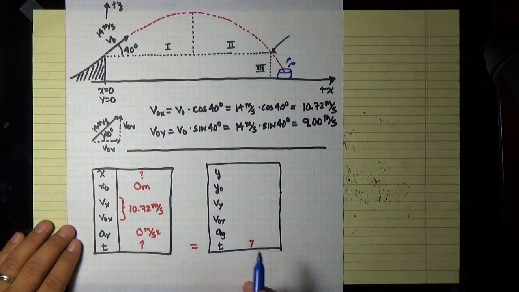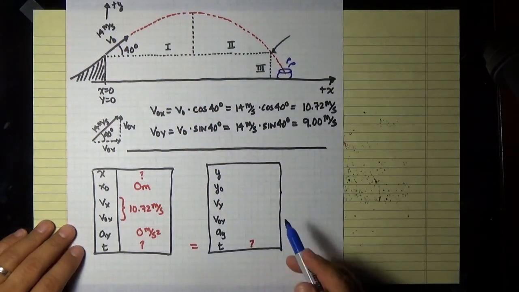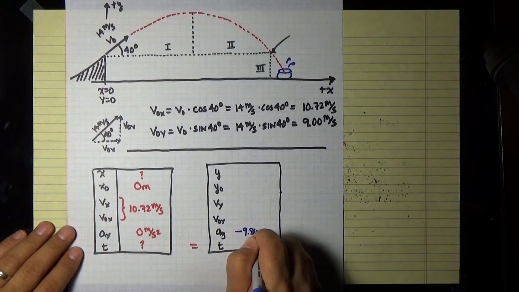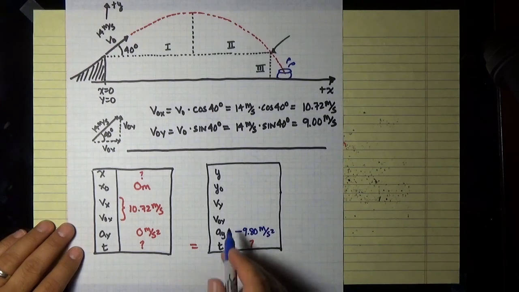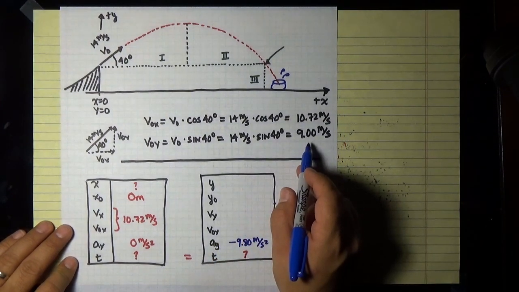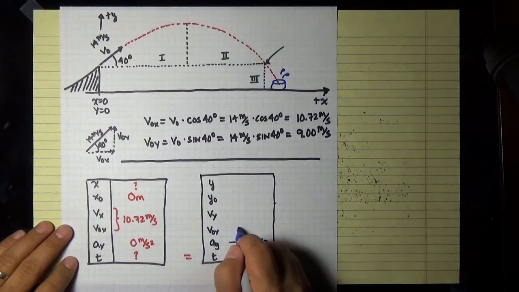So the acceleration in the y direction is the acceleration due to gravity. It points down in the negative y direction based on my coordinate choice. So I'm going to label this as minus 9.80 meters per second per second. My initial y speed I computed up here as 9 meters per second. It is upward, so it is a positive 9 meters per second for my initial y speed.